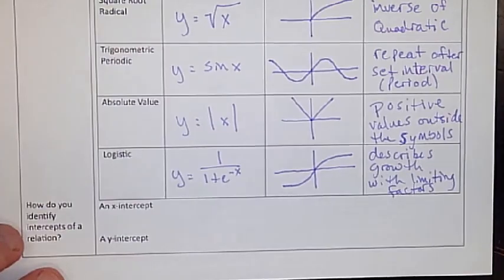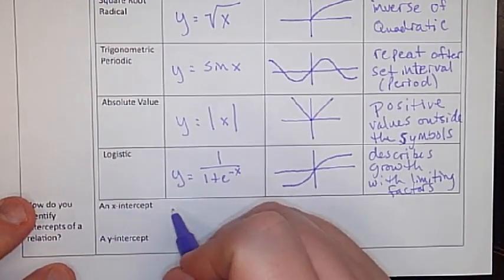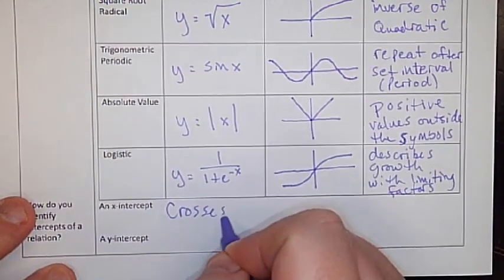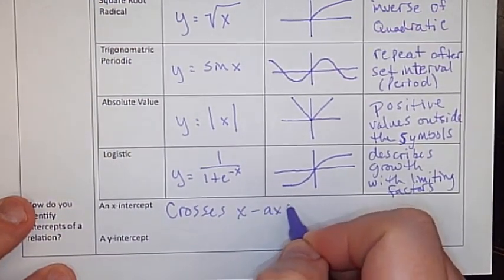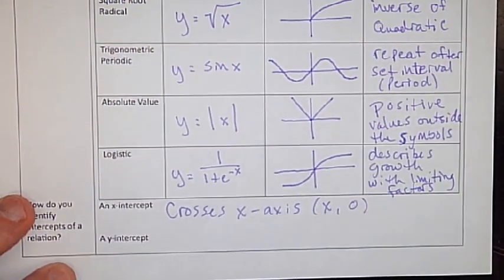A lot of what we've been doing in these notes is helping us to identify graphs and be able to identify important parts of graphs. Well, when we look at graphs, there's very valuable information that can be found by looking at the x and y intercepts. So an x-intercept identifies where a function crosses the x-axis, and it's written as the point x comma 0, where x is the x value.